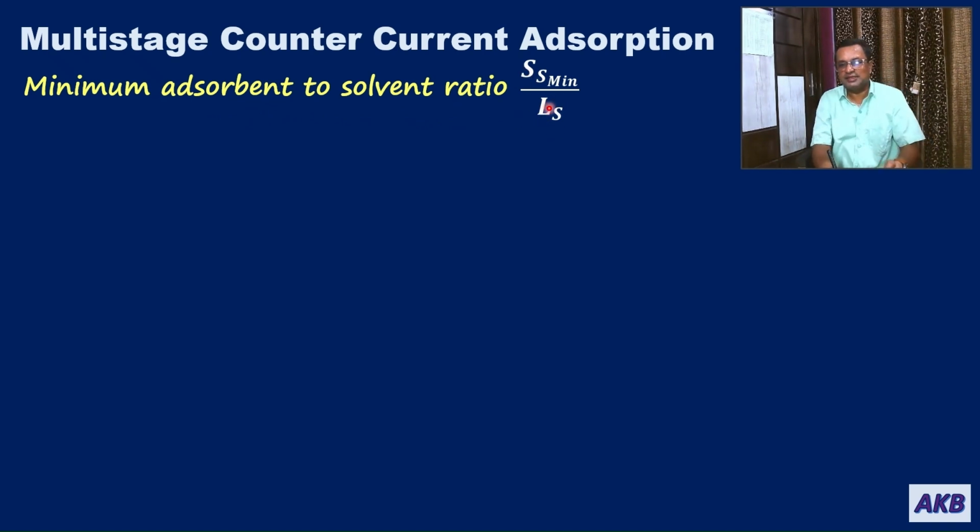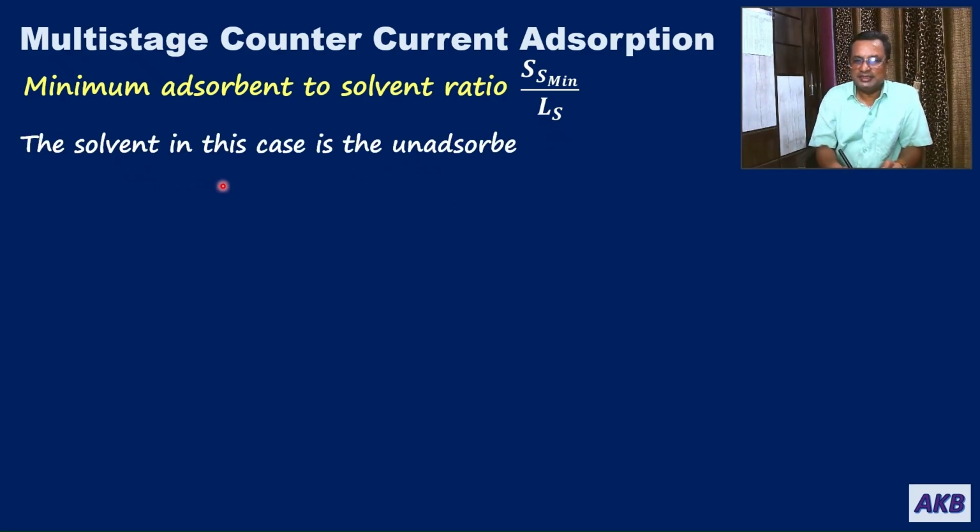Now the solvent in this particular case, what is solvent? Solvent is nothing but the unadsorbed component. And in our discussion, we have considered a binary mixture of A and B, in which B is the unadsorbed component. Therefore, the solvent that we are referring to is nothing but the unadsorbed component in the feed solution.